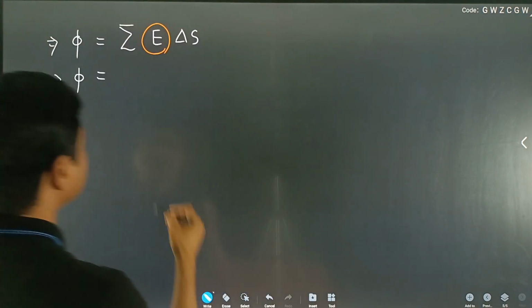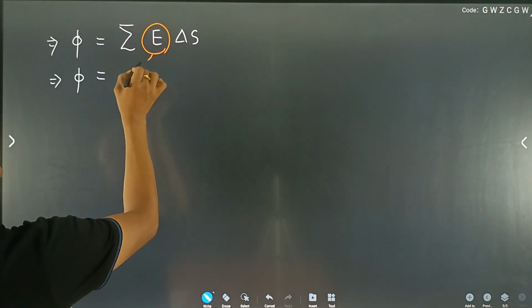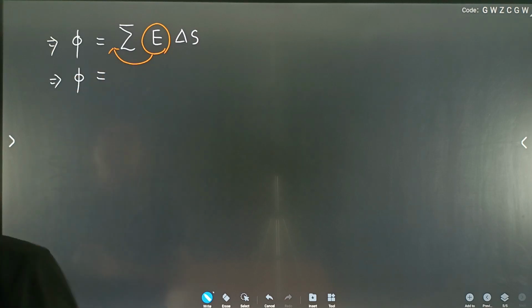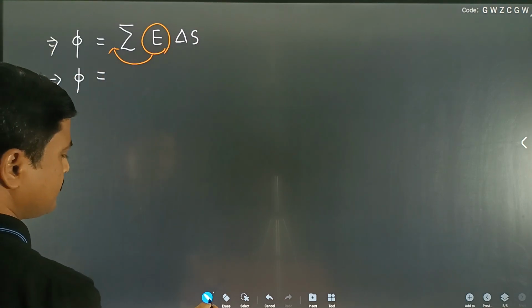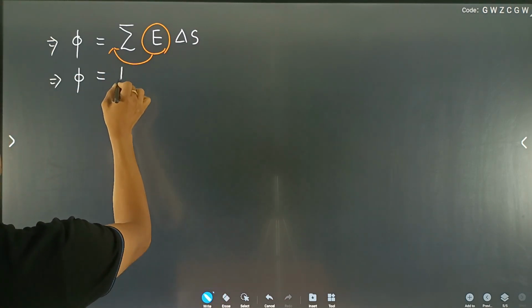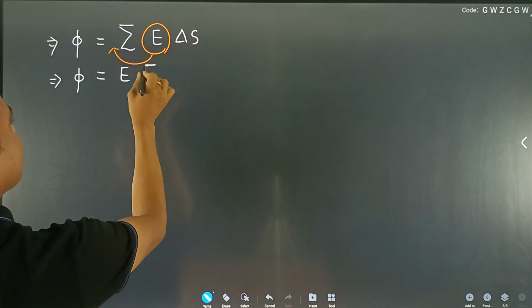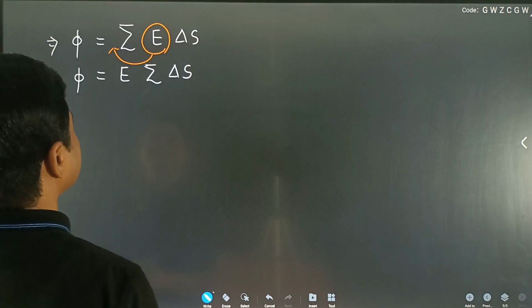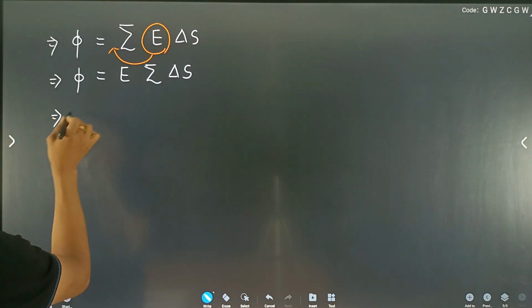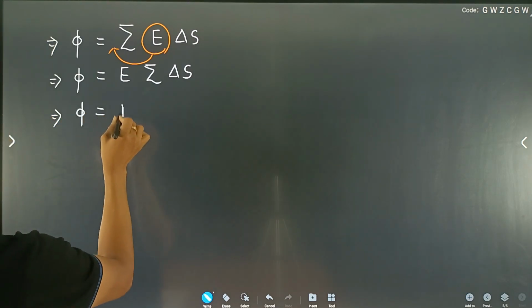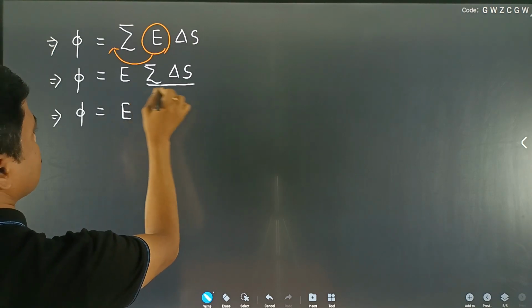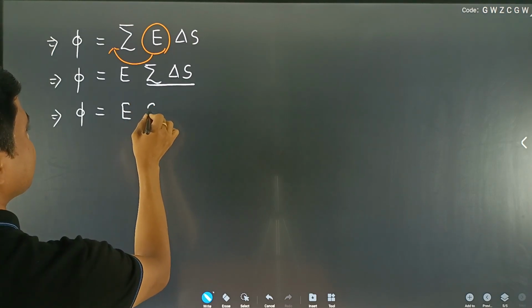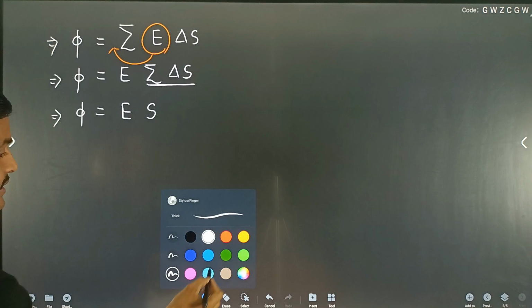If the electric field at point A is constant, then we take the electric field out of the sum. So we write phi is equal to E multiplied by the sum of all the small area elements, that is phi is equal to E times the sum of all small elements, that is S. And what is S?